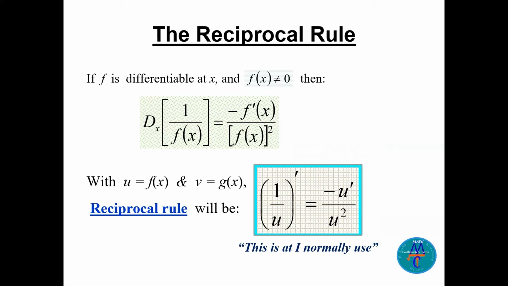The derivative of the reciprocal 1 over f of x will be minus the derivative of the function in the denominator divided by the function squared. Or you can write it easily, (1 over u) prime equals minus u prime over u squared. This is what I normally use.